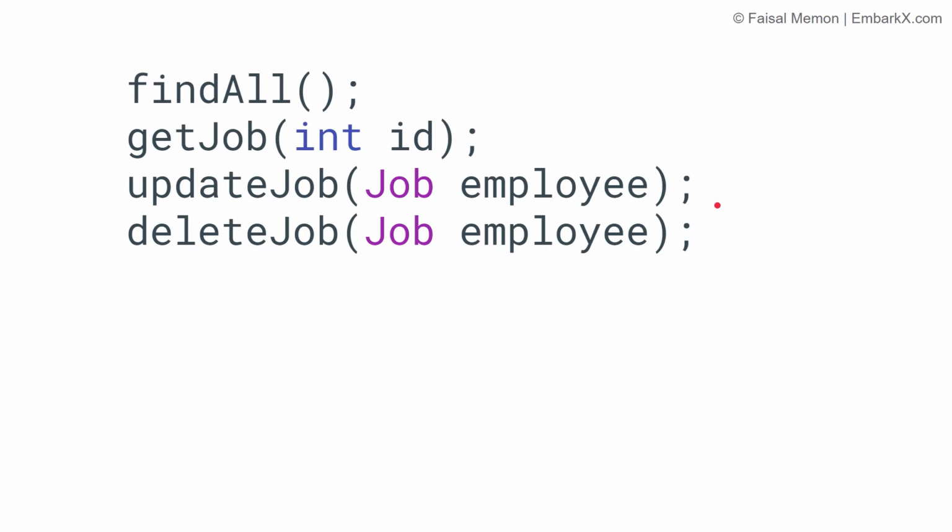So instead of creating these methods into our application, and these methods will act on the job class, we don't have to define this. We need to create an interface and use something called as JPA repository, which is the part of JPA.